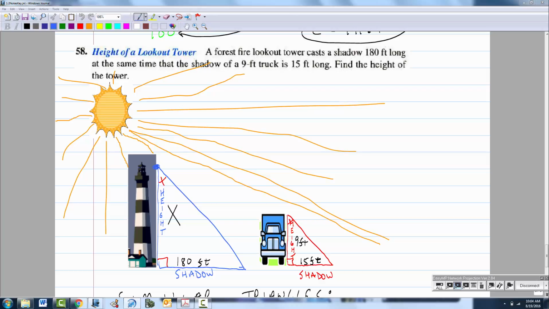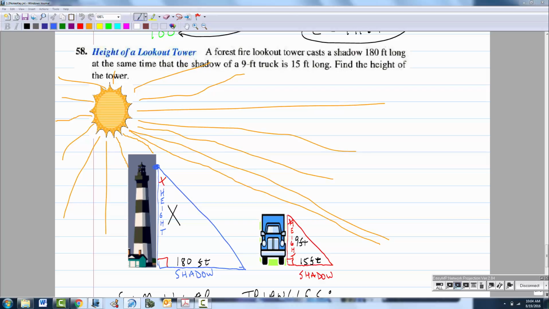That top angle is congruent to that top angle on the truck as far as the angle the sun's hitting us. And then we're going to assume, you should never really assume anything, but we're going to assume that they're on flat ground, so there's a 90-degree angle there. So by AA, the shadow relationship's a similar triangle.